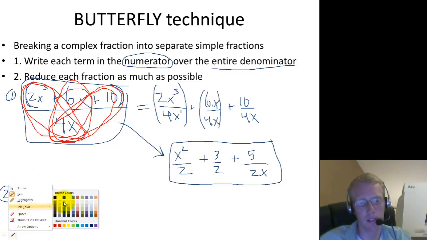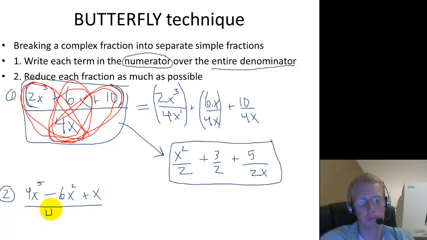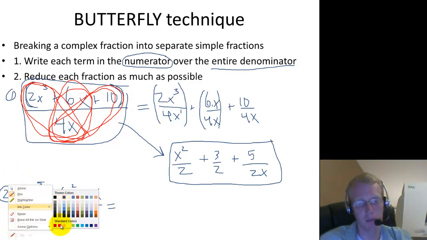Alright, let's do another example. Let's see. 4x to the 5th minus 6x squared plus x over 4x to the 5th equals. Okay, so let me draw my actual butterfly, which is how I do it.